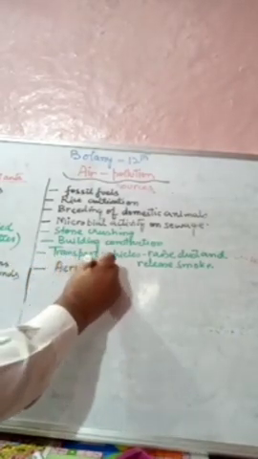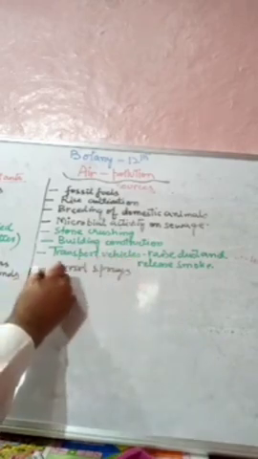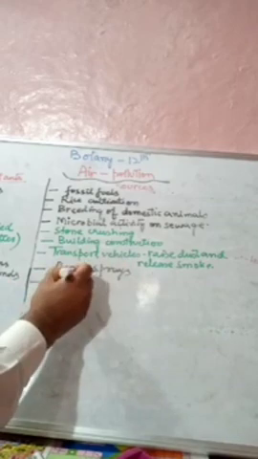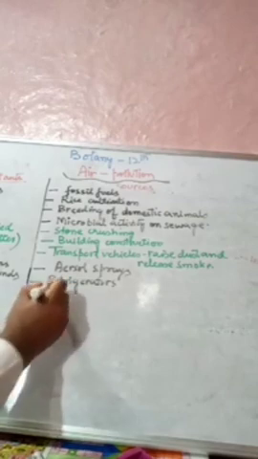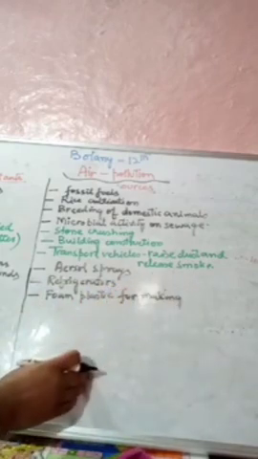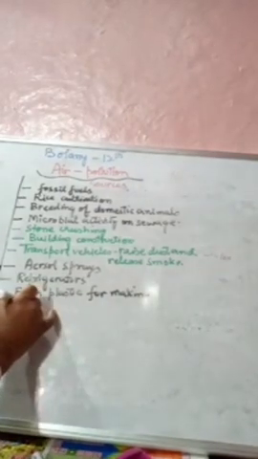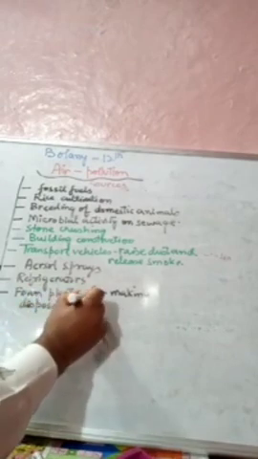Important sources are aerosol sprays, refrigerators, and foam plastic for making disposable fast food containers.